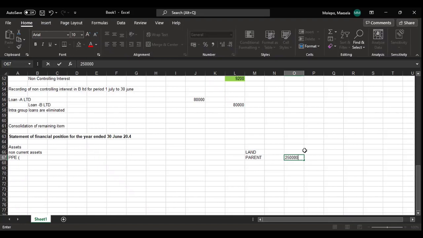And then the land for the subsidiary, remember it was revalued from 140 to 200. So we say 200 times 80%, which is 160, right?